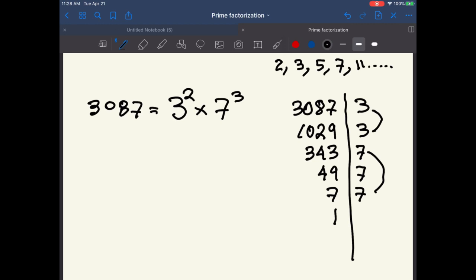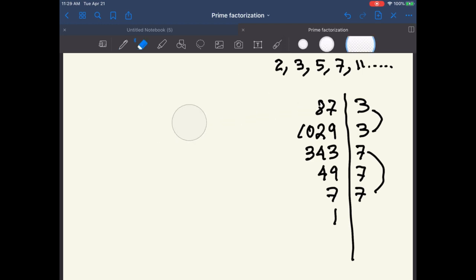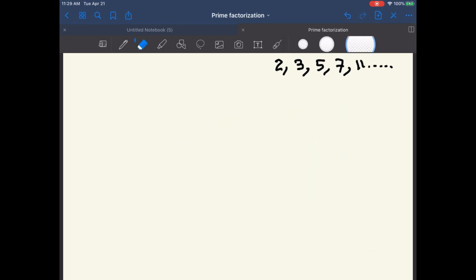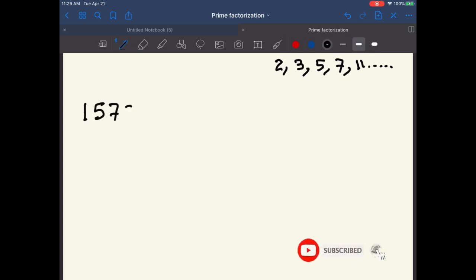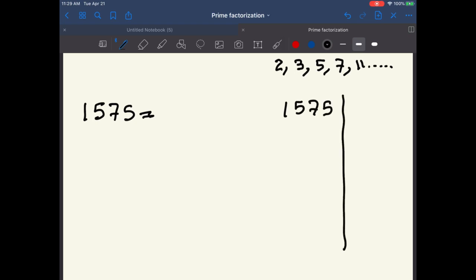Another example is this number. We're going to do the prime factorization of 1575. This number is not divisible by 2, so you don't try 2. I'm going to try 3. When you divide 1575 by 3, it's going to be 525.